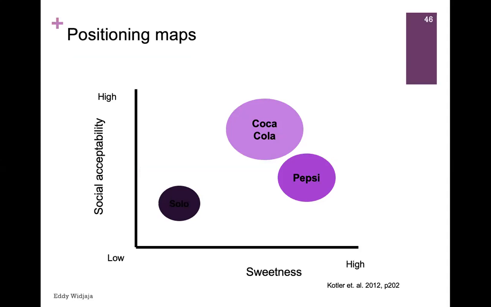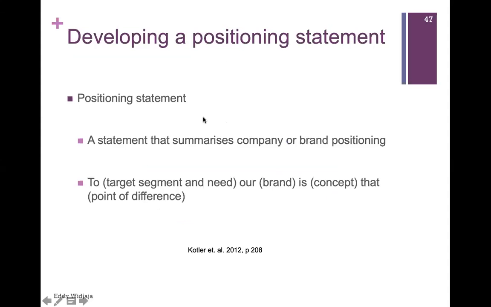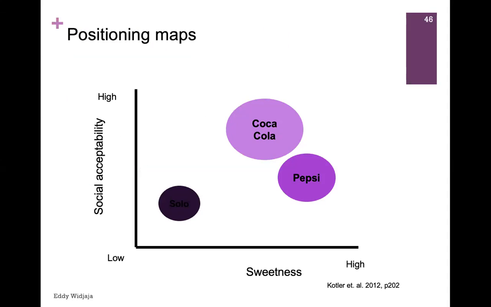Now this is probably oversimplified because in real life we may have different variables. Here we have two variables or attributes: the social acceptability and sweetness. In real life we may have more than two attributes.